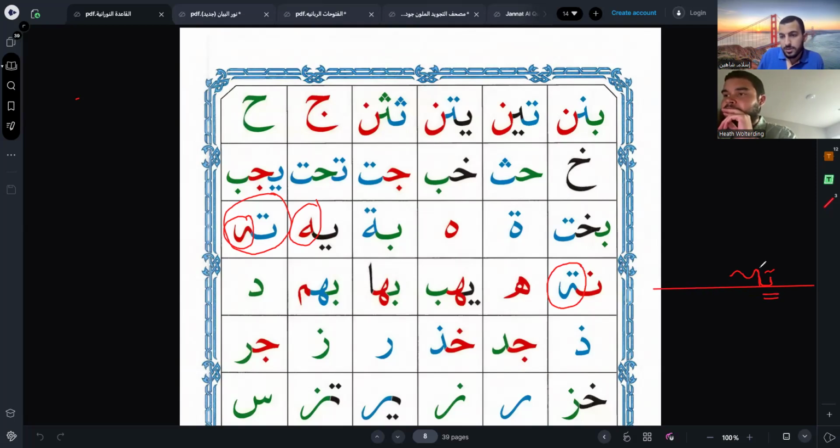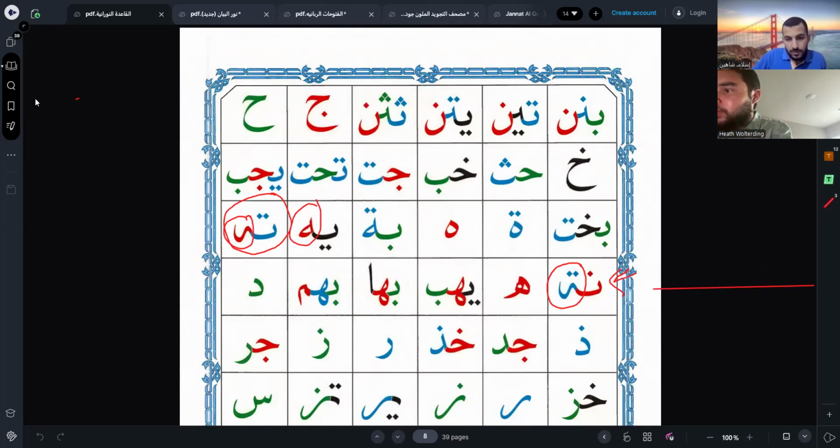We have the line and also a short neck here. The same for the dal. We may have it also like the same in case of this one here. We have noon dal, so we may have it like this too. I'm sorry, let's make it look good. Okay, so we may have it like this.